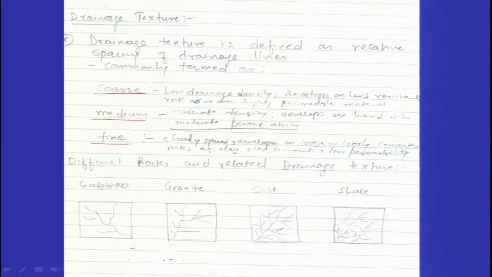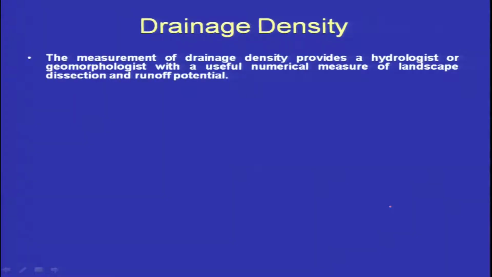In terms of rocks, this is gabbro, where you will mostly have coarser drainage texture. In granite you will have medium, in sandstone medium to fine, but in shale you will have fine drainage texture. Okay. So, in short, the measurement of drainage density provides a hydrologist or a geomorphologist with a useful numerical measure of landscape dissection and runoff potential.